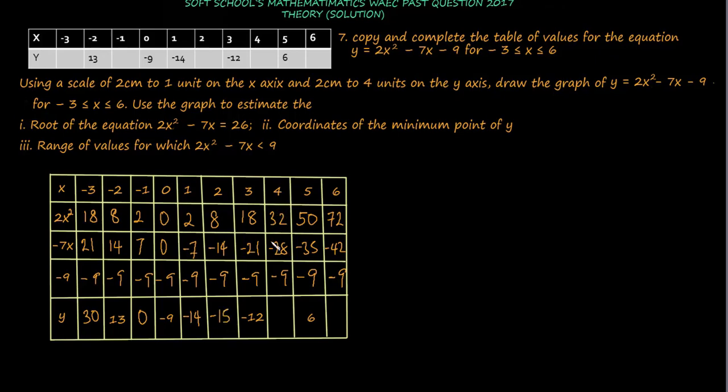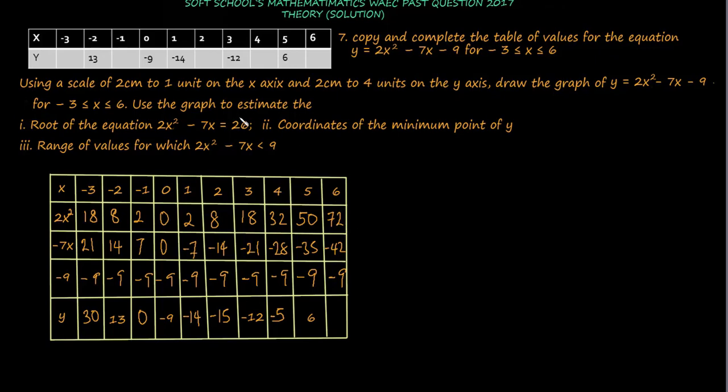You have 32 minus 28 minus 9. 32 minus 28 gives us 4, and 4 minus 9 gives us minus 5.